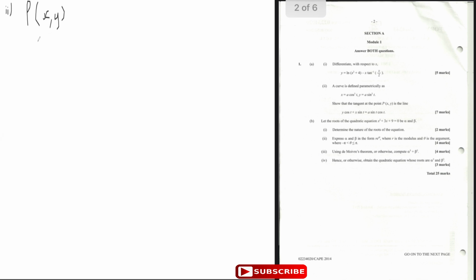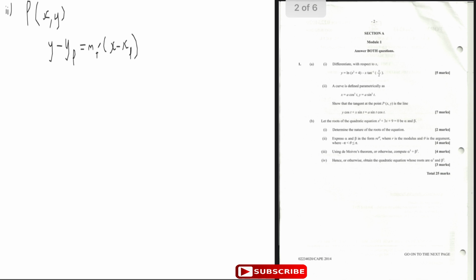Now the equation of the tangent at the point P, remember equation of tangent is y minus yp is equal to the gradient of the tangent times (x minus xp). So first things first, we need to find out what is this gradient of the tangent, all right?